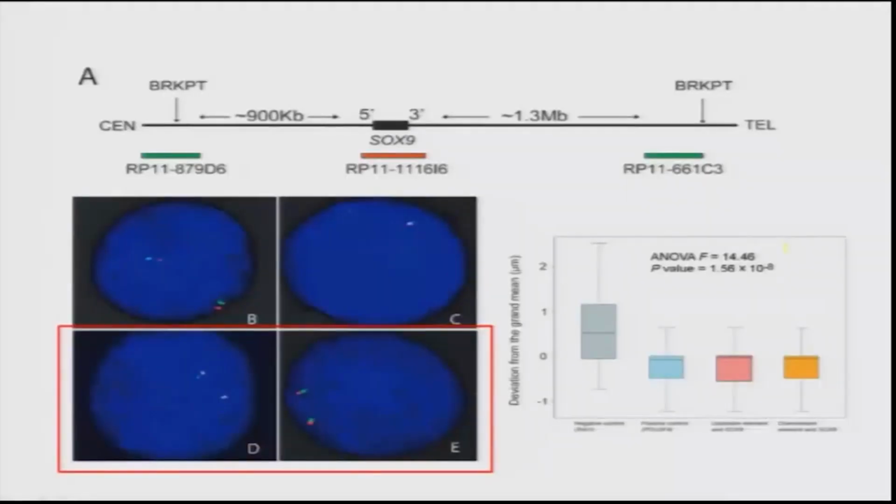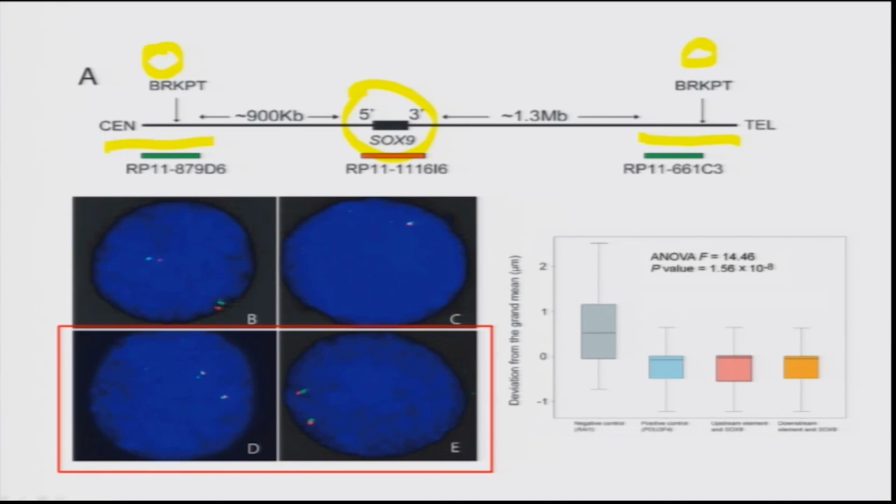So, what they have shown here is that these are the regions, this region and this region, where the breakpoint took place, the chromosome got translocated, and it led to possibly affecting the function of the SOX9 gene here. The hypothesis was that there could be a region here which are elements onto which some transcription factor can come and bind and regulate the gene expression.